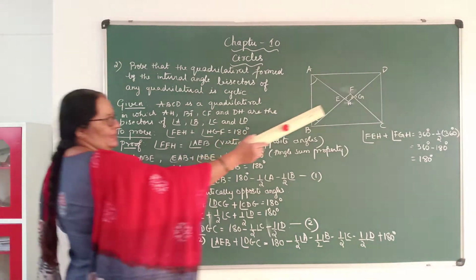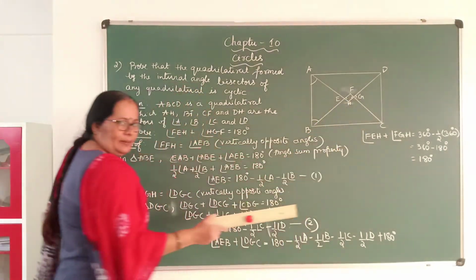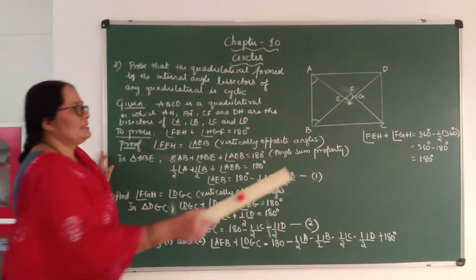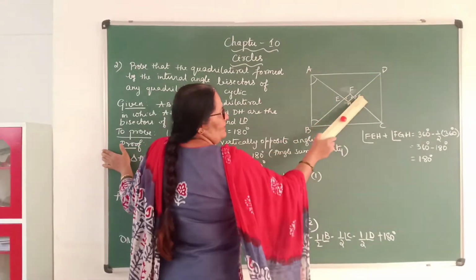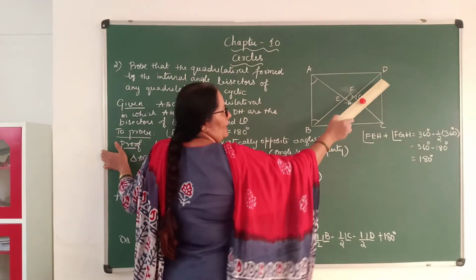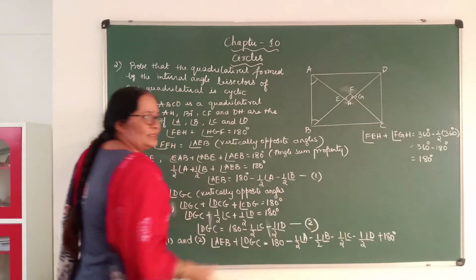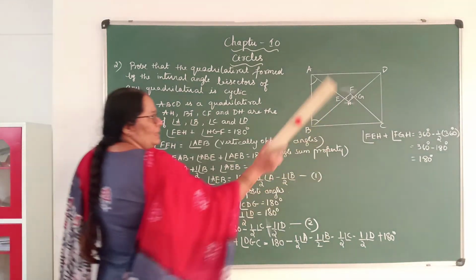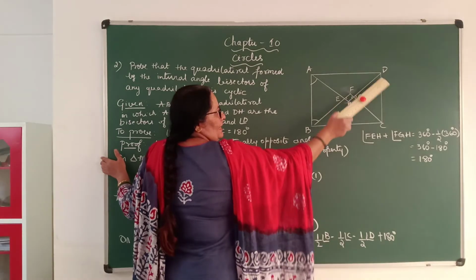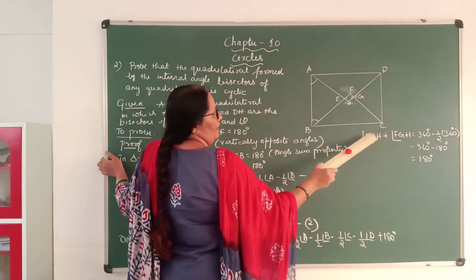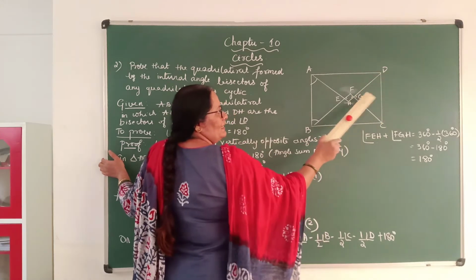Then in this triangle DGC, similarly sum of the angles is equal to 180 degree. So that angle GDC plus angle GCD plus angle DGC equals 180 degree, angle sum property. Then what about DCG, which is half the angle of C? Then what is GDC?